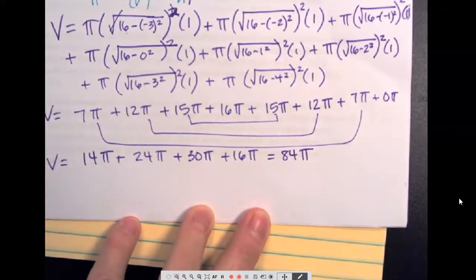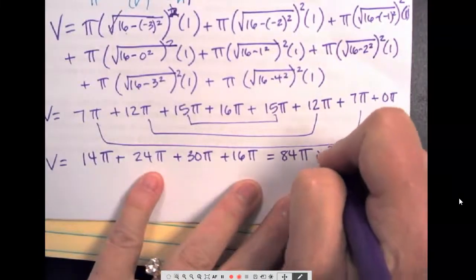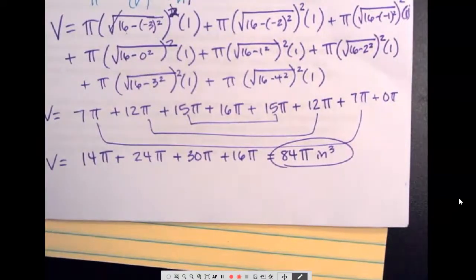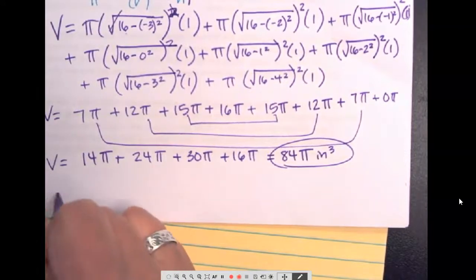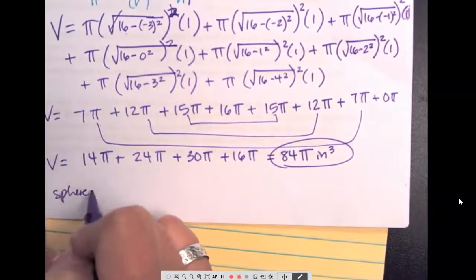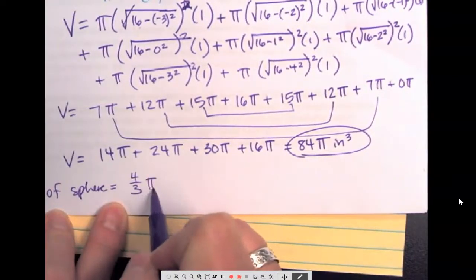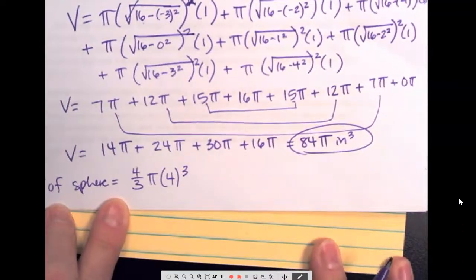Okay. And that would be cubic, whatever. I don't think we had any units. Oh, it is in inches. Cubic inches. Okay, so let's try now the volume formula of a sphere and see how close this is. So volume of a sphere would be 4/3 pi r cubed.